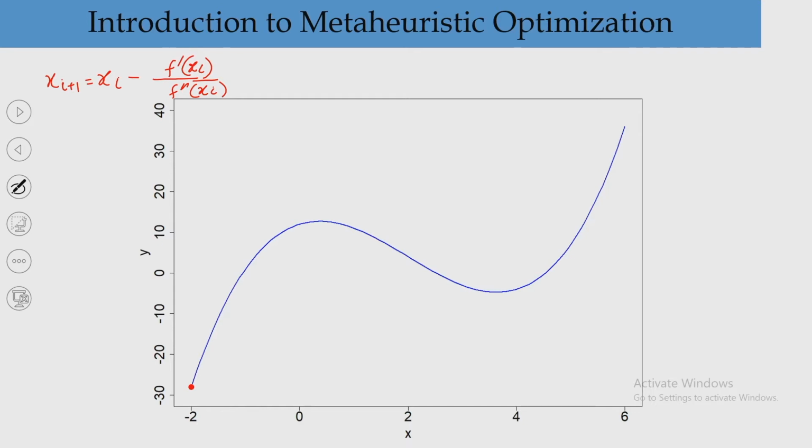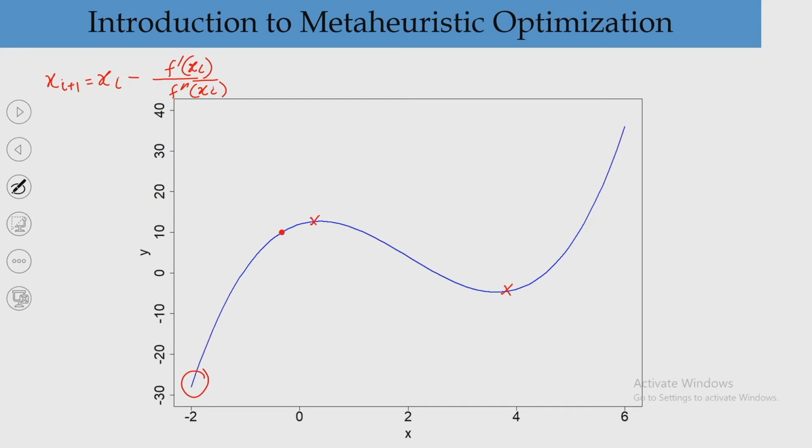Now, just see. This is a non-convex function, and there is a maxima here and there is a minima here. Now, if I apply the Newton-Raphson method here, suppose I have taken this as the initial point, that is -2 as the initial point, and I apply Newton's method.